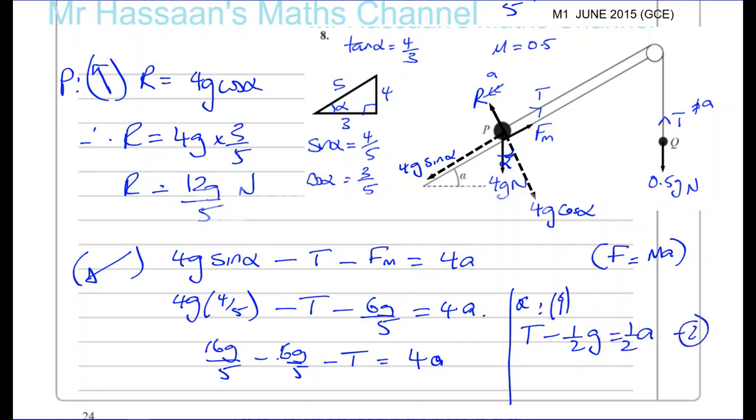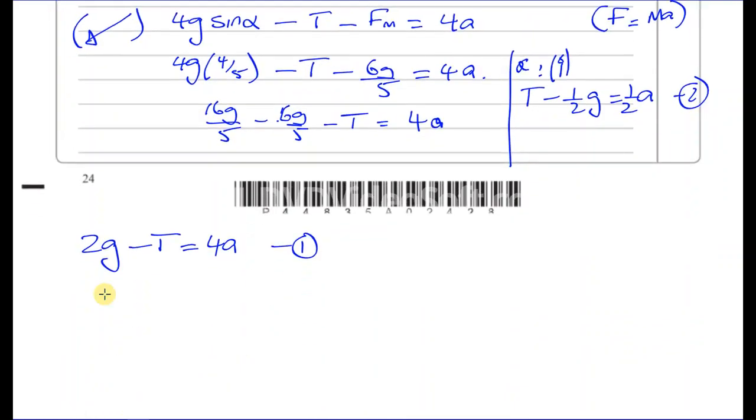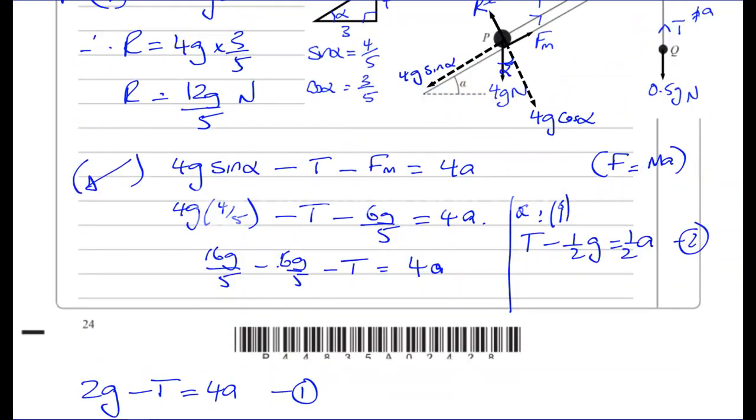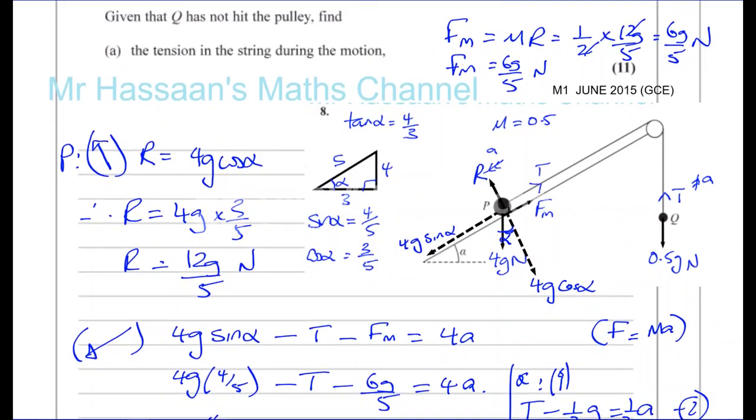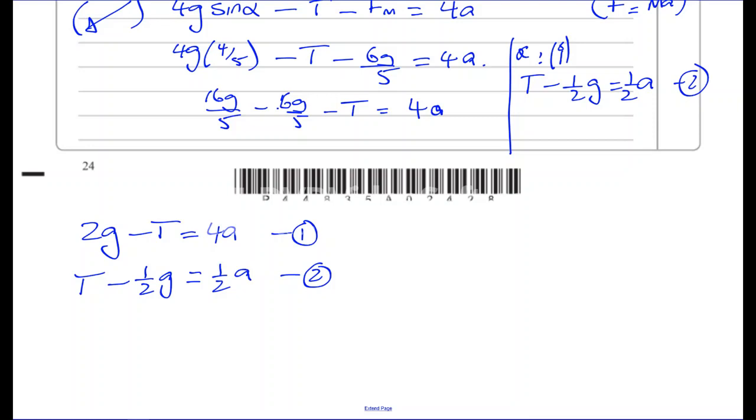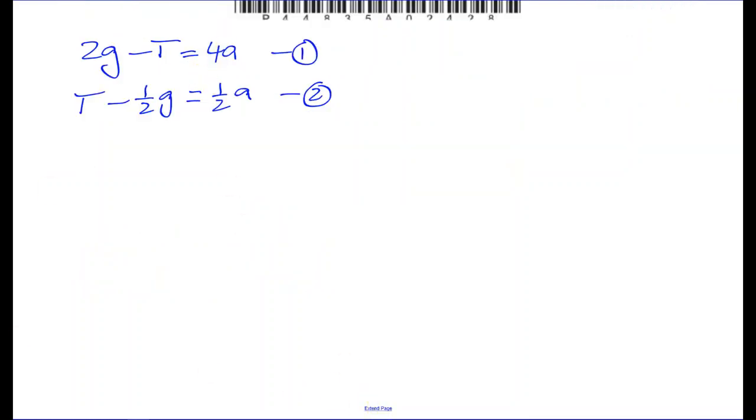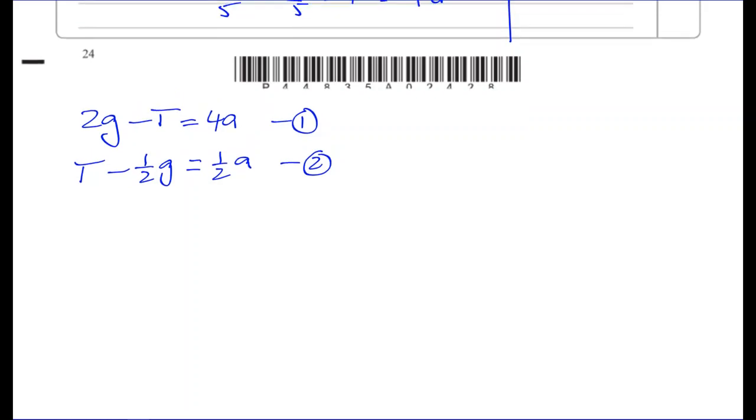So now I can use these two equations and solve simultaneously. T minus a half g equals a half a. That's my second equation, and we're asked to find the tension in the string. If you want to find the tension, we can make the a the same, or we could find the acceleration first and then work out what the tension is.